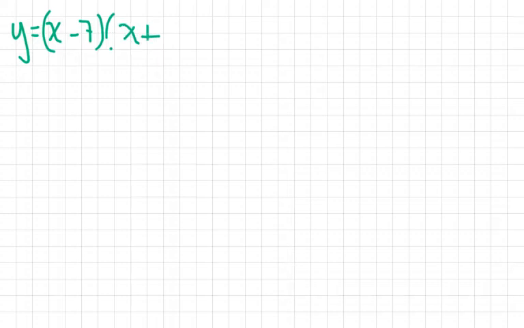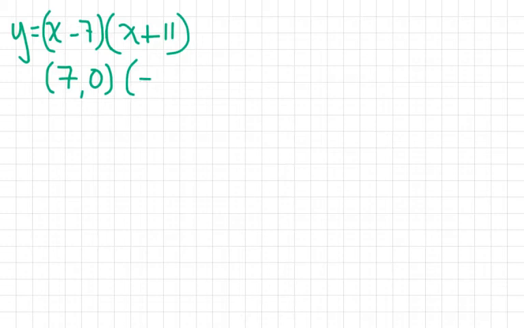We've got x minus 7, or I'm going to say y is equal to x minus 7 times x plus 11. Okay, what I want you to do is, taking a look at the two factors, we know that the x-intercepts are going to be (7, 0) and (-11, 0).